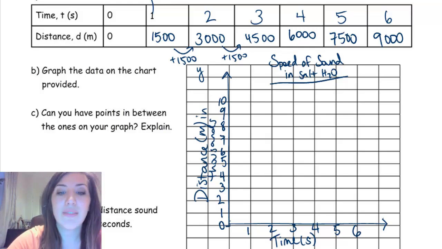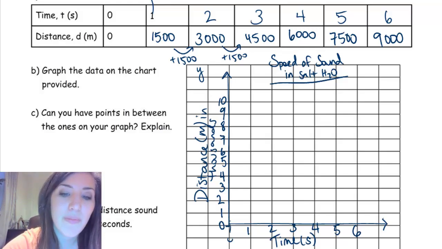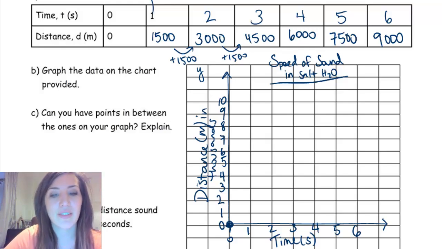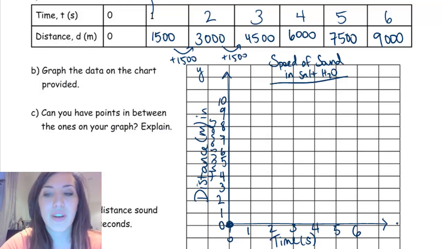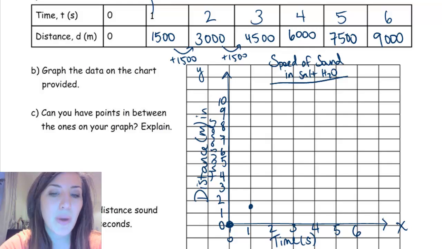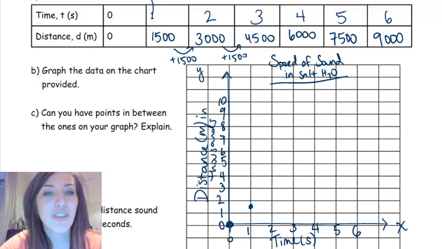Our coordinate points, the first one is 0, 0. So let's draw a point at 0 on the x-axis, 0 on the y-axis. This is our x-axis with time. For 1 second, we go to 1,500 meters. So remember that this 1 means 1,000, this 2 means 2,000. So 1,500 is halfway between, so I put it halfway between those two lines.